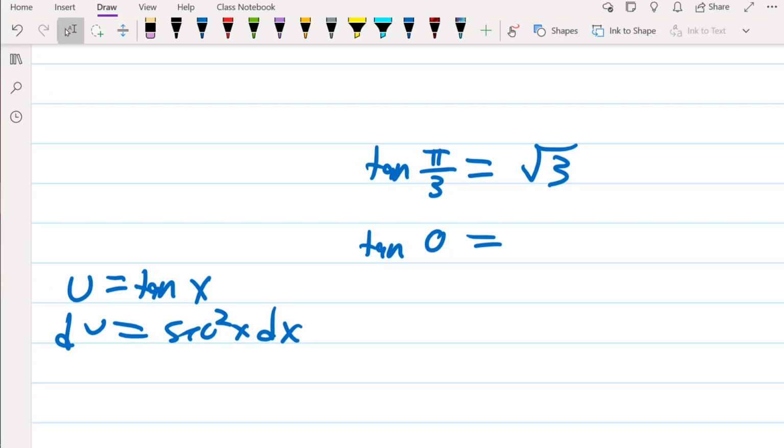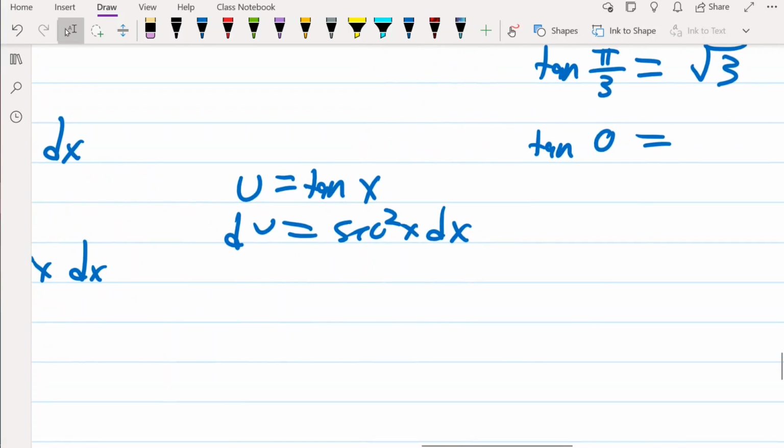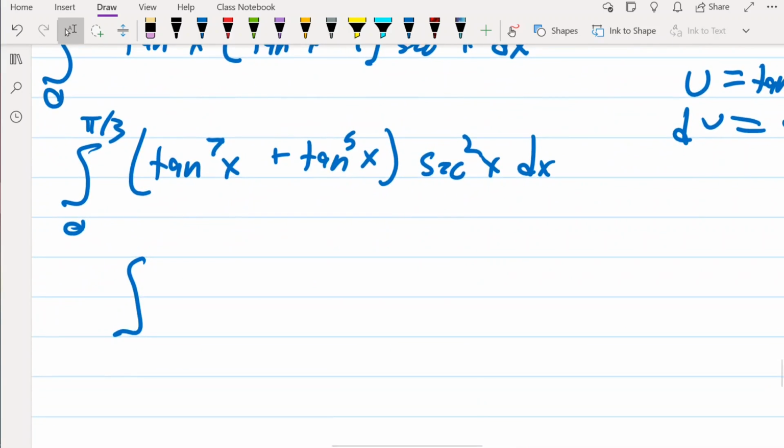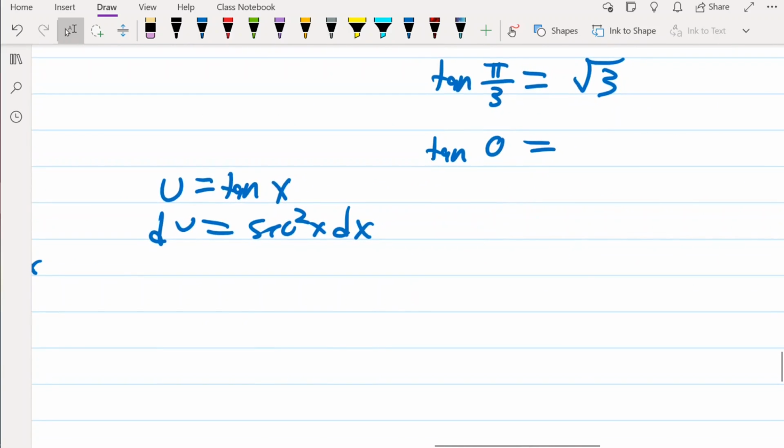Wait, am I taking the right derivative? So tangent of x, when you take the derivative of that, is that secant squared x? Yes, that's correct. Okay. So I guess the new bounds are from 0 to root 3 then.